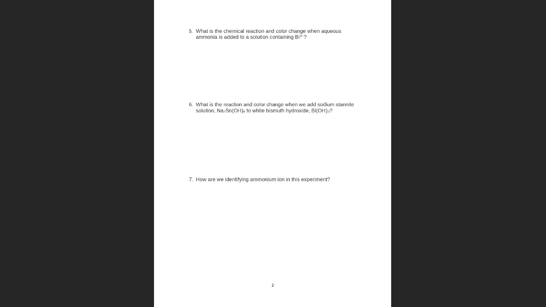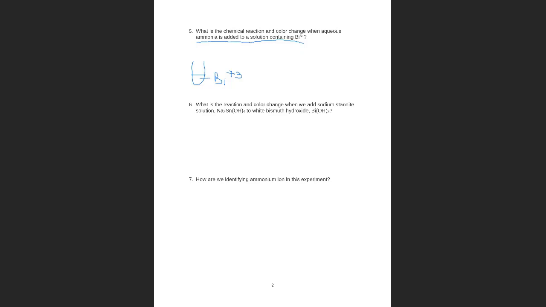So this is the first thing. We have an ion that has bismuth, and the first thing we do is add ammonia.